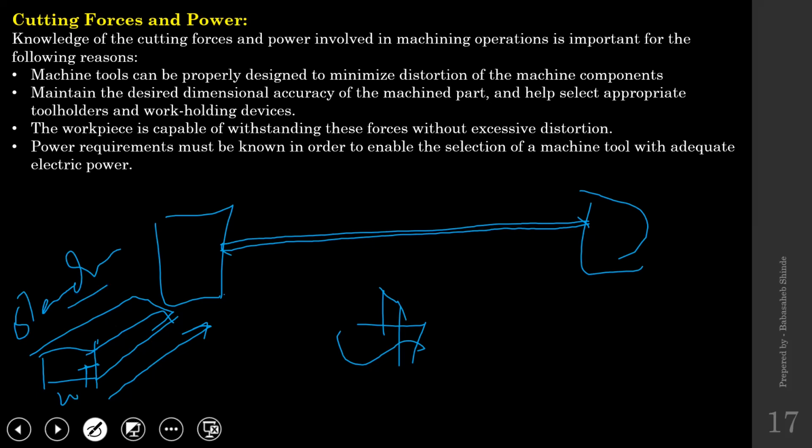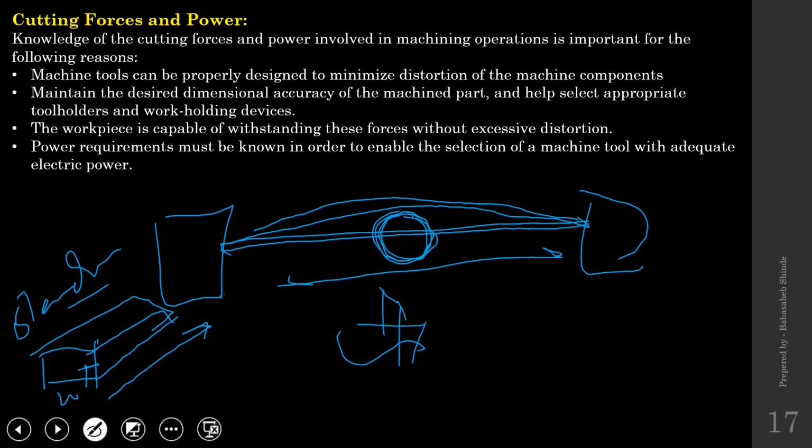Now what happens in the machining of these kinds of slender workpieces? If I try to have some operation somewhere in the middle, its thickness and width are very small, whereas its length is very large. When I try to have some operation somewhere here, the chances are that the workpiece might get bent at this point because it is slender, right?